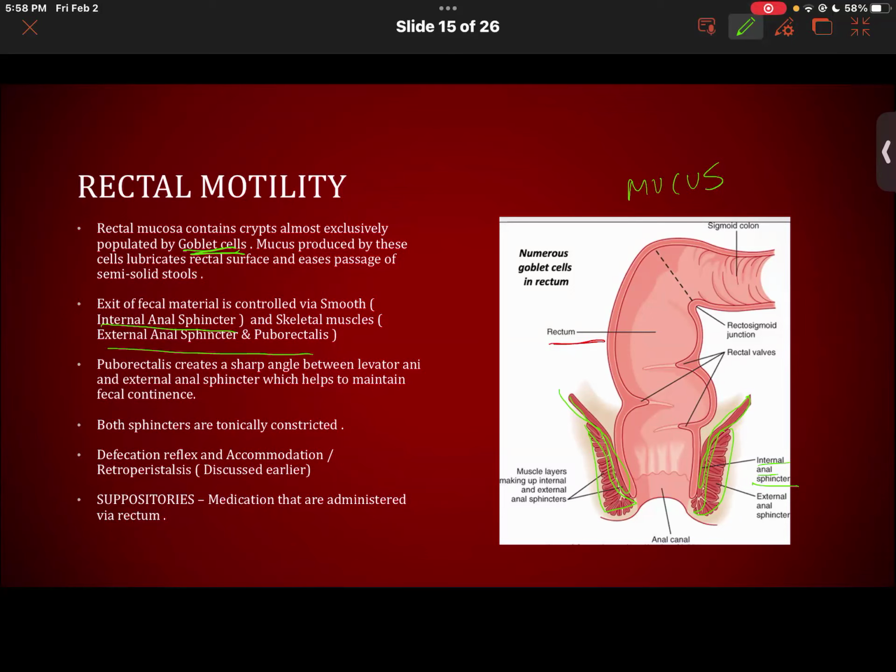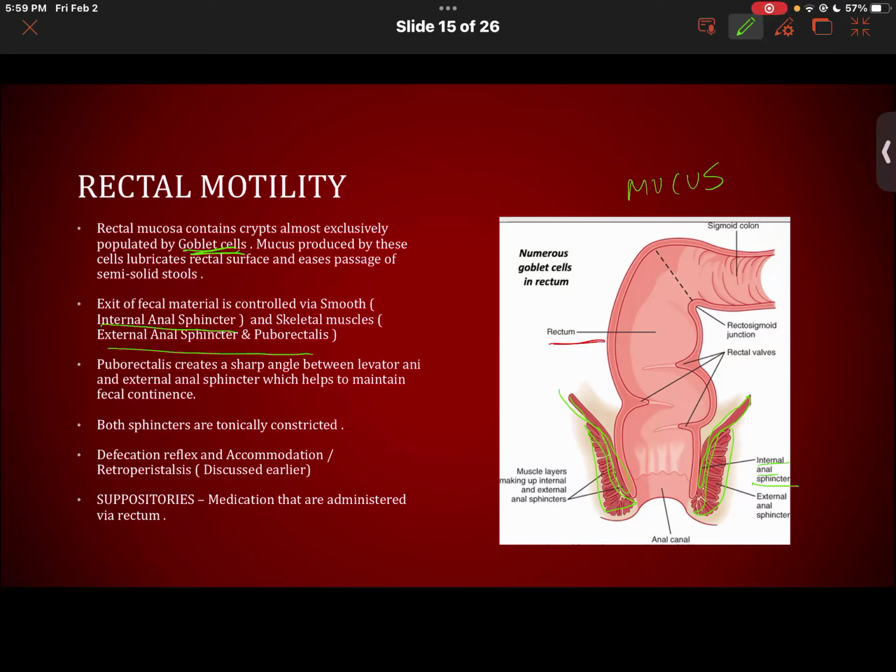Fecal continence is basically the fact that when we voluntarily stop the excretion of feces, because we're not in an ideal situation for excretion, the feces is either stored in the rectum or moves through retroperistalsis into the sigmoid colon, right? So this is called continence, and there is a definition of it in the next slide, I think.